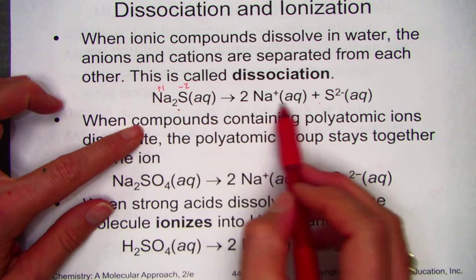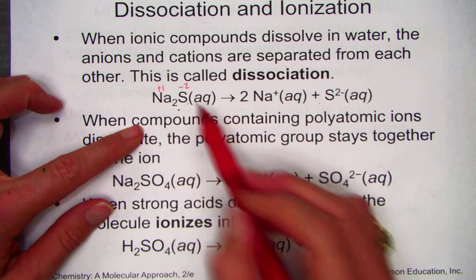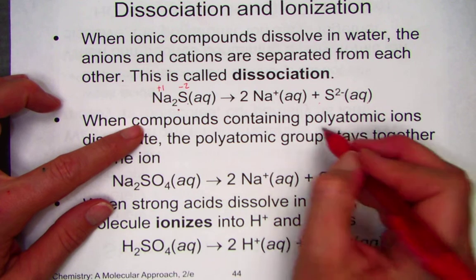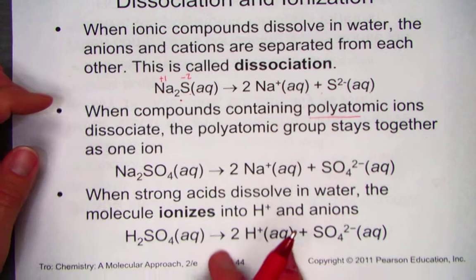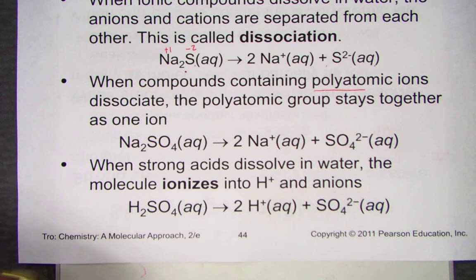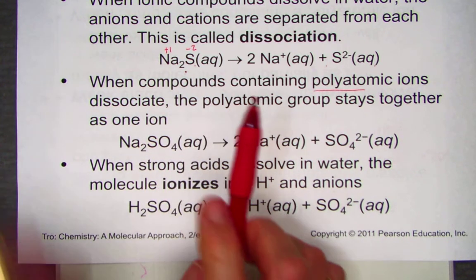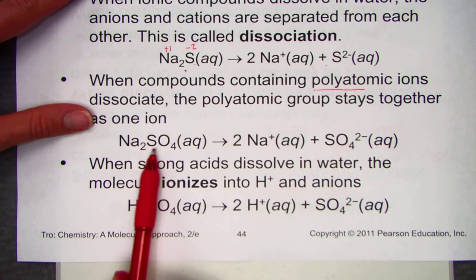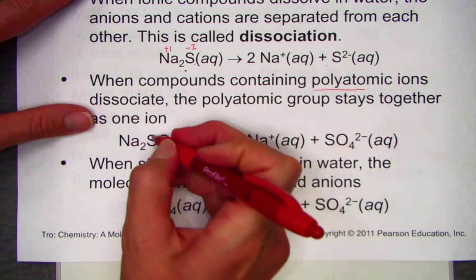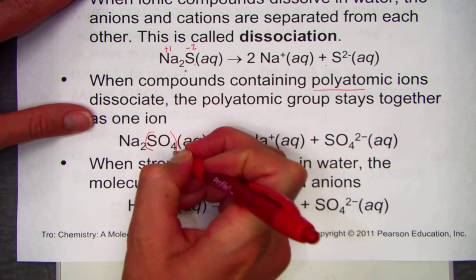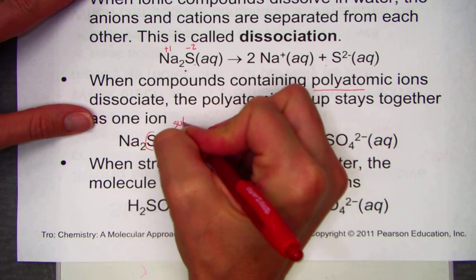The dissociation equation for sodium sulfide. If a compound has a polyatomic ion, they stay together. Remember, polyatomic ions are covalently bound, just carrying a charge. When I see this formula, Na2SO4, say the name, sodium sulfate. This is a polyatomic ion called sulfate.